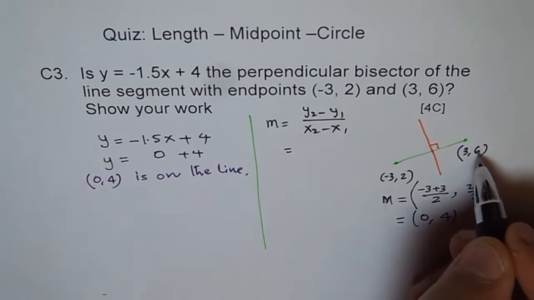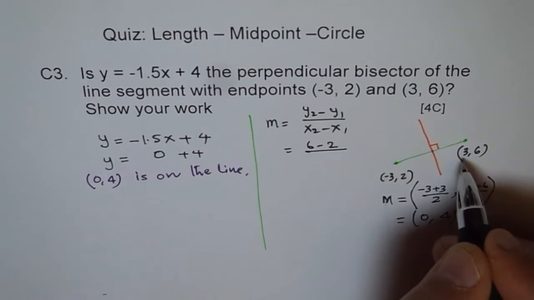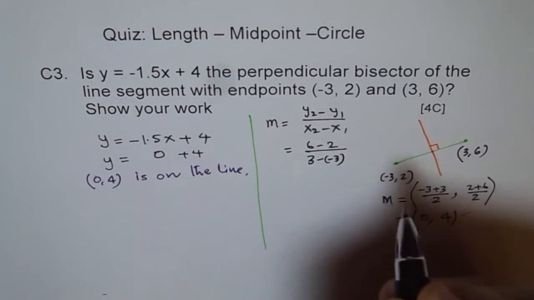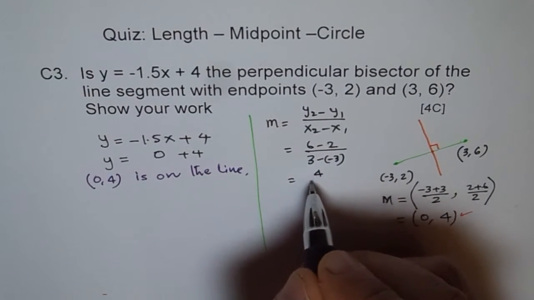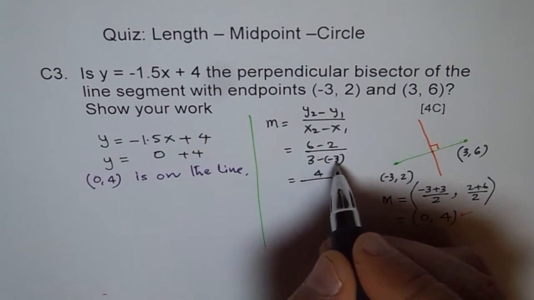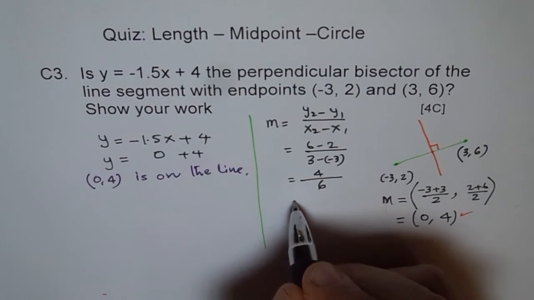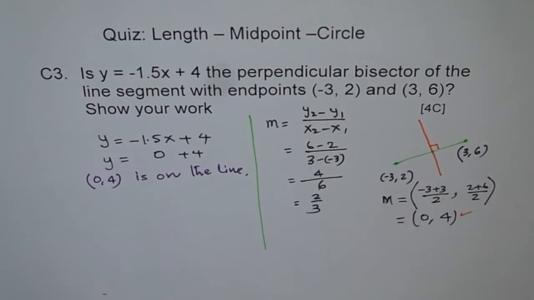So y2 is 6, 6 minus 2 divided by 3 minus minus 3. So 6 minus 2 is 4, and 3 minus minus 3 becomes plus, so we get 6. That is equal to 2 over 3, it can be simplified to 2 over 3.